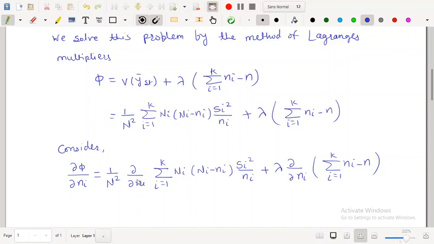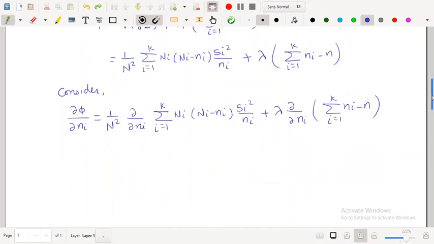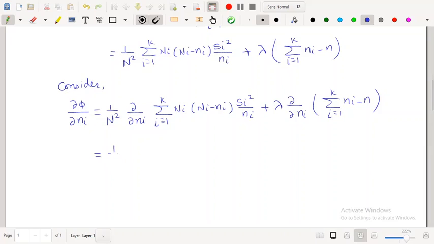Now we cannot take this derivative directly inside this summation because this is a partial derivative with respect to ni. There are other terms also, n1, n2, up to ni minus 1, ni plus 1 up to nk. This derivative is with respect to only ni, so all other values of ni are constant. So to simplify this 1 upon n square dou by dou ni, first simplify this summation.